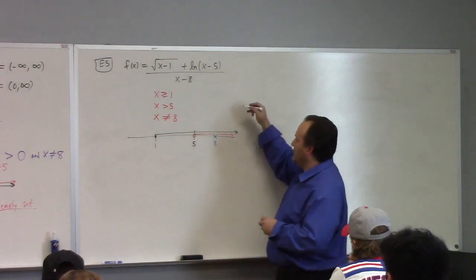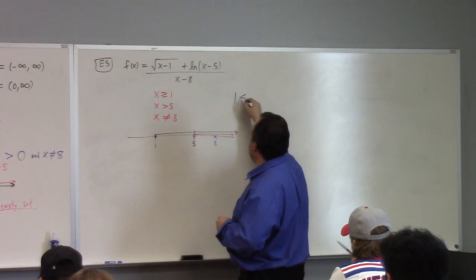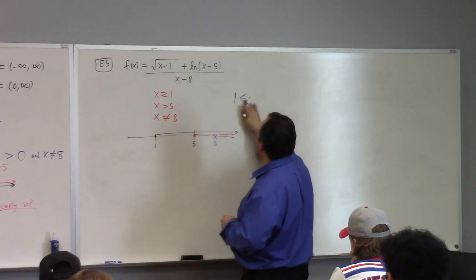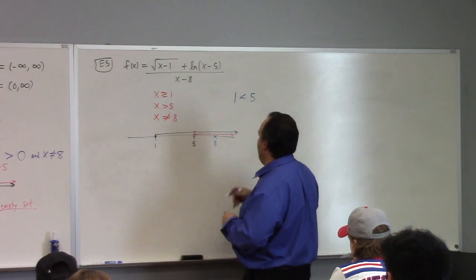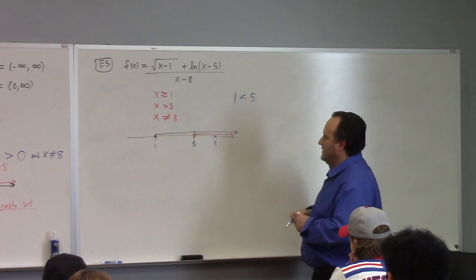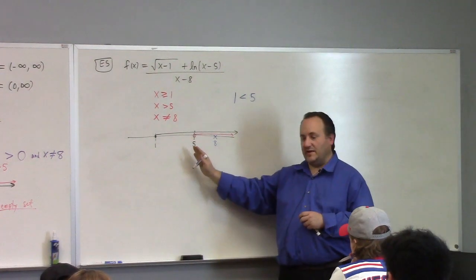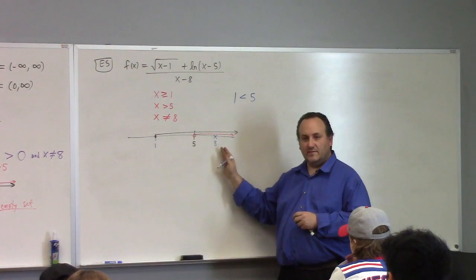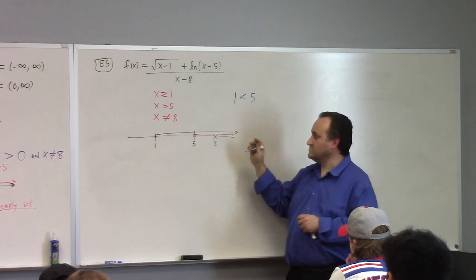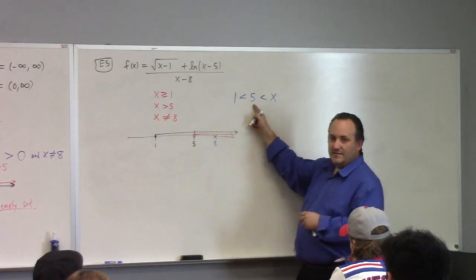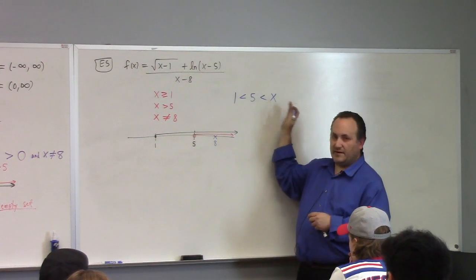So you notice that 1 is less than 5, right? Anyway, my point to you is that if x is greater than 5, then automatically it's greater than or equal to 1, right?